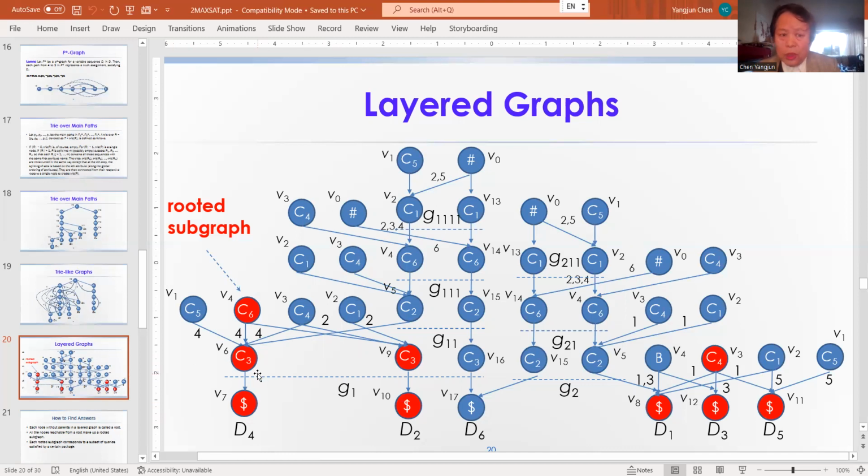For example, these 3 nodes are labeled with the same variable name. Then all these 3 nodes will be put in one group. Then these 2 nodes are labeled with the same variable name C2. Then these 2 nodes will be put in another group. All the remaining nodes are differently labeled.